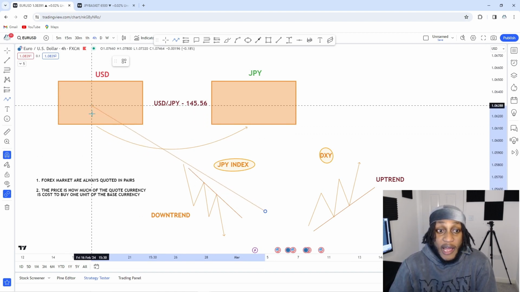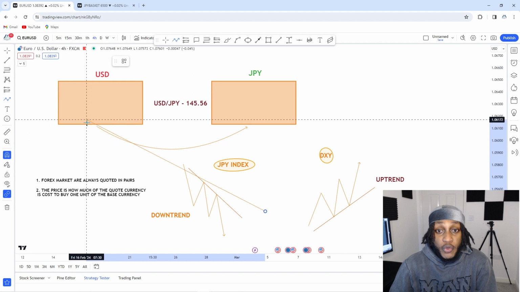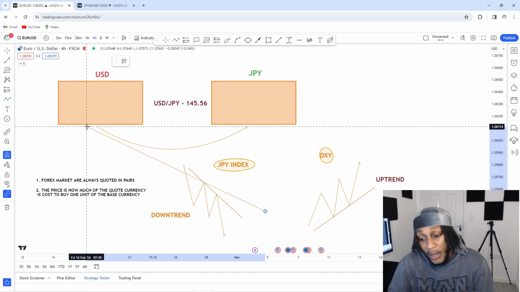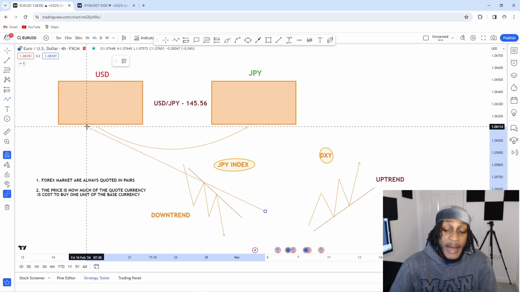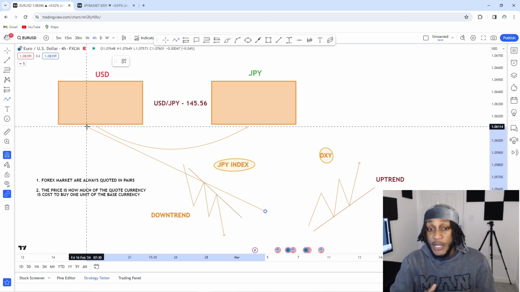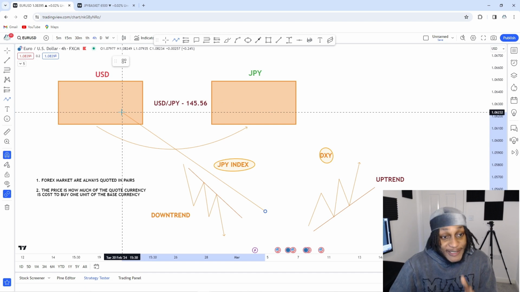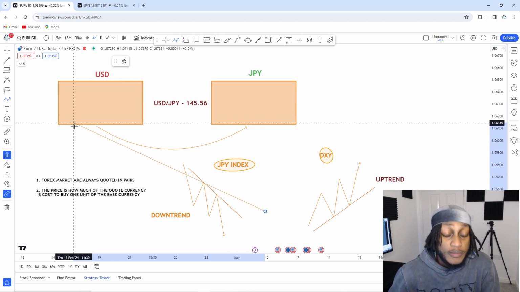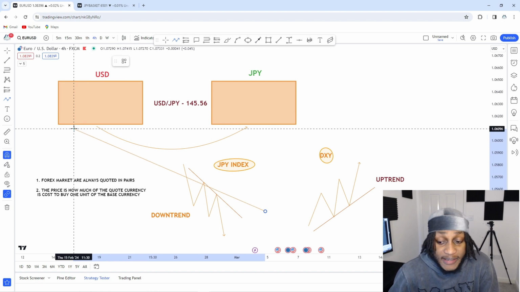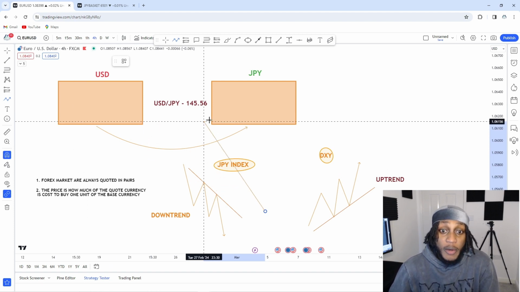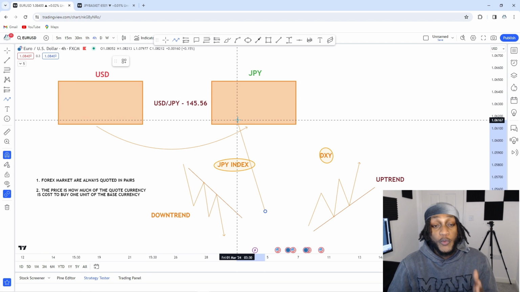So in this scenario, with the USD trading against the JPY, we're going to be looking to buy. That's our first confirmation that we can look for buying opportunities on USD JPY. Guys, pay attention to what I'm showing you. It's very easy and simple. Our USD is strong and our JPY is weak.